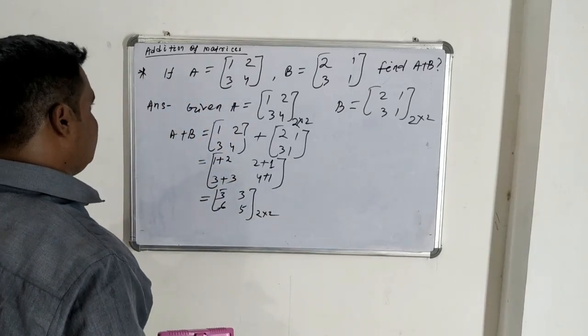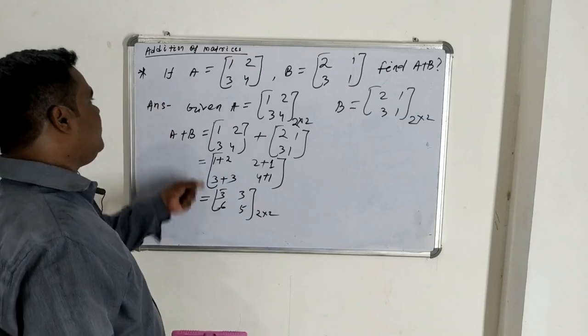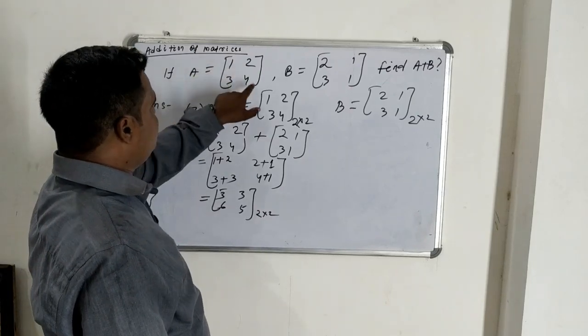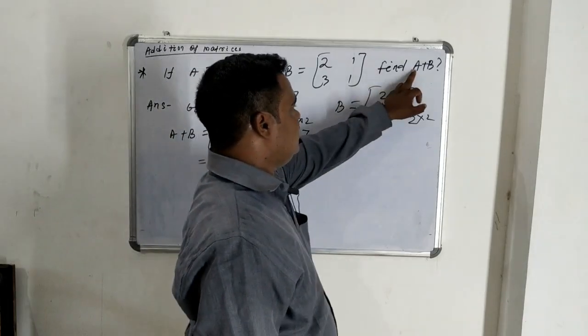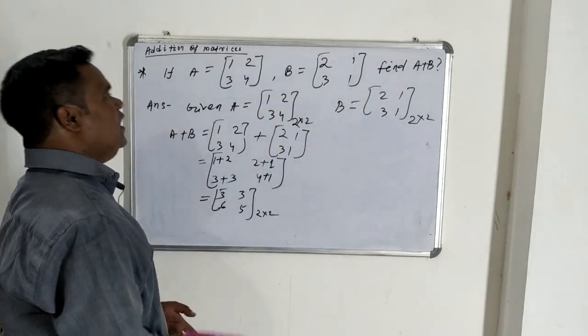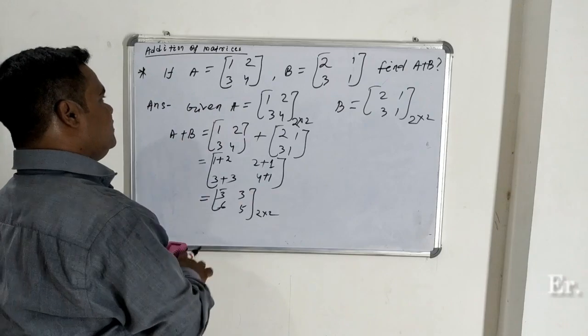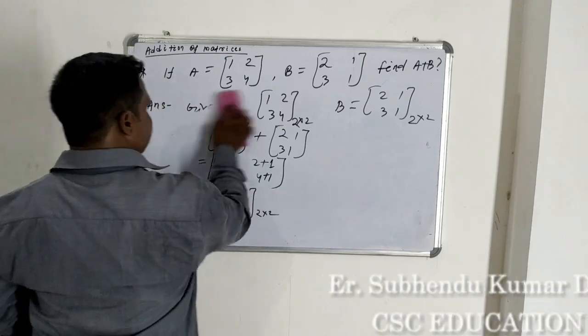My dear students, A is a matrix of order 2 by 2 and B is a matrix of order 2 by 2, so finding A plus B is possible. Now another concept.